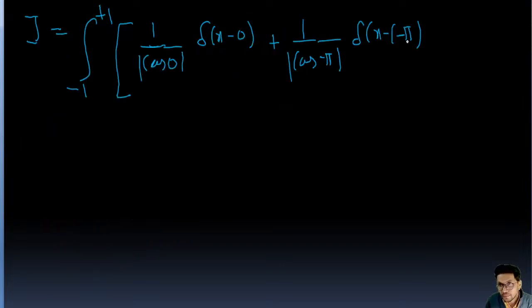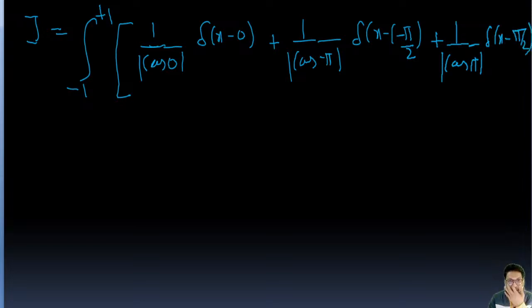So this is n pi, and so pi by 2 for n equal to minus 1, right? n pi by 2, so minus pi by 2. Plus 1 upon cos, now n equal to 1, so that is going to be cos pi mod and delta x minus pi by 2. yi is n pi by 2, so n equal to 1 means pi by 2. I hope you understood it, right?